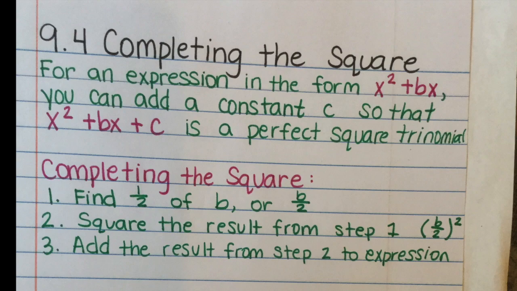There are 3 steps, and I'm going to walk you through these in the example to follow, but you might want to write this down. Step 1 is to find half of b, or b divided by 2. Step 2 is to square the result from step 1, which is b divided by 2 squared. And your last step is to add that result from step 2 to the expression. Whatever that number is, that's your c value, your constant.